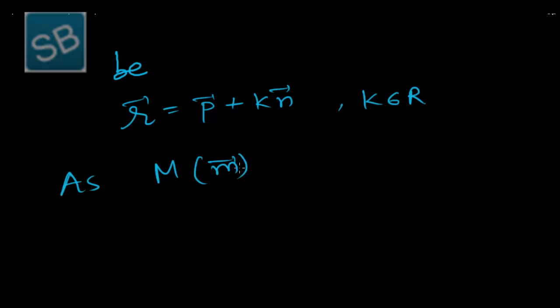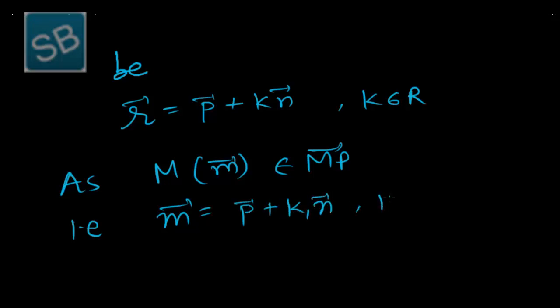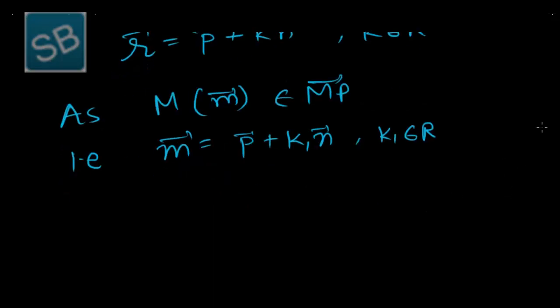vector r passing through point P having direction n, that is the equation of line MP, for k belonging to R. As point M with position vector m lies on MP, it becomes, for k1, vector m is equal to vector p plus k1 times vector n, for k1 belonging to R. That is, M also belongs to pi.